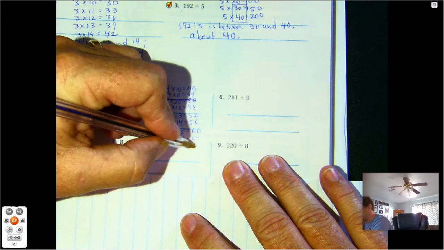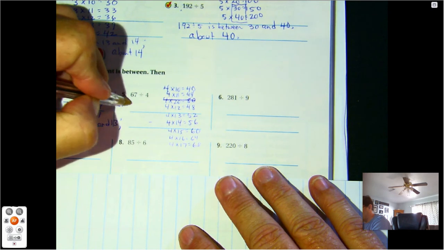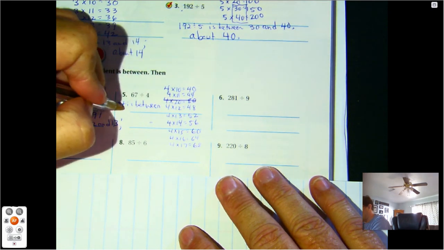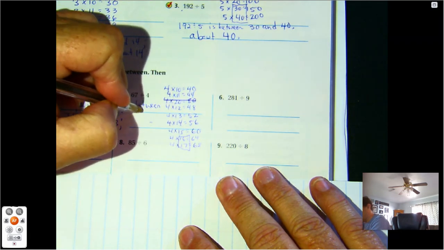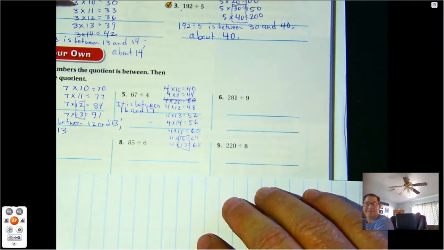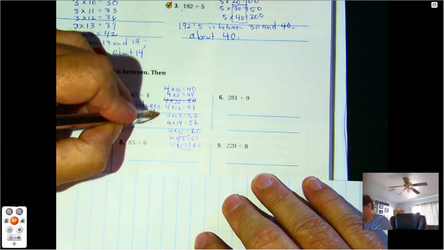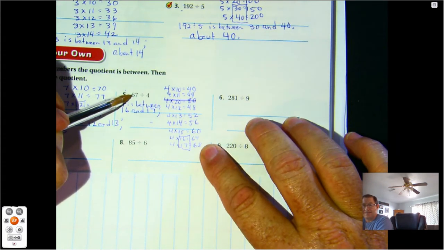Okay, so it is in between 16 and 17. It's going to take between 16 and 17 sets of 4 to get to 67. Which one is it closest to? 67 is only 1 away from 68, so I'm going to say it's about 17.